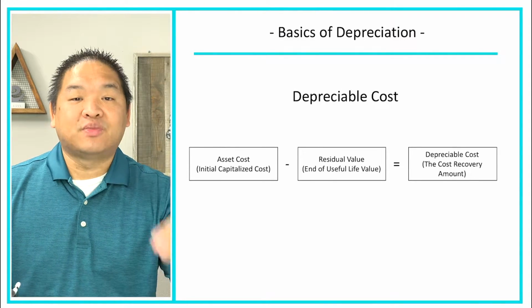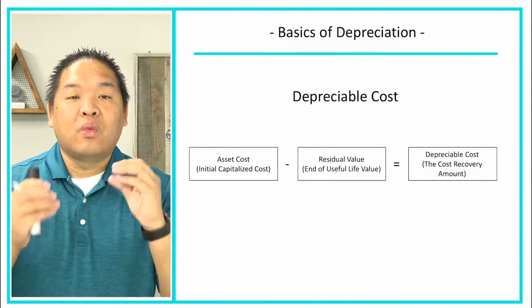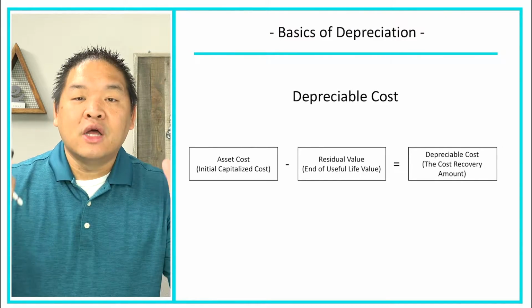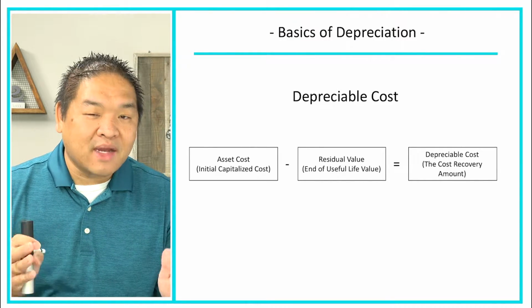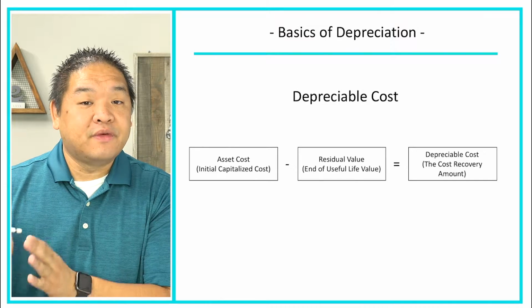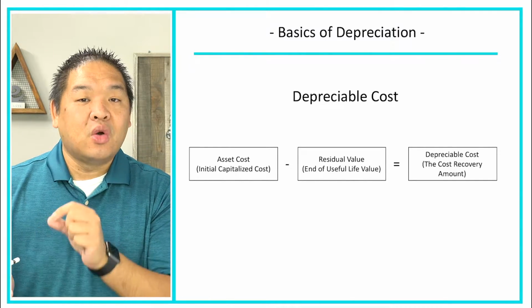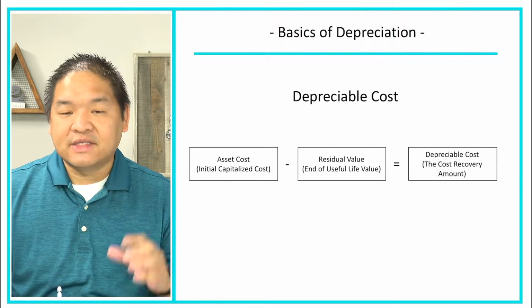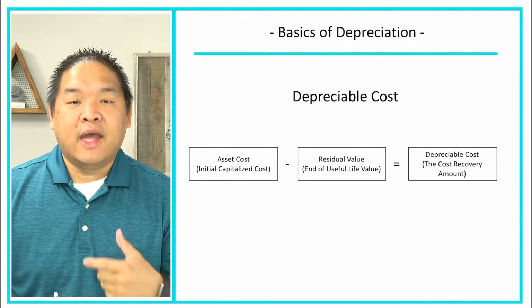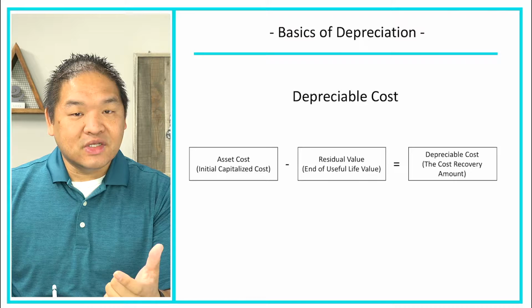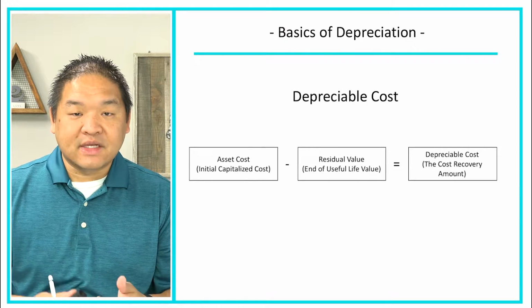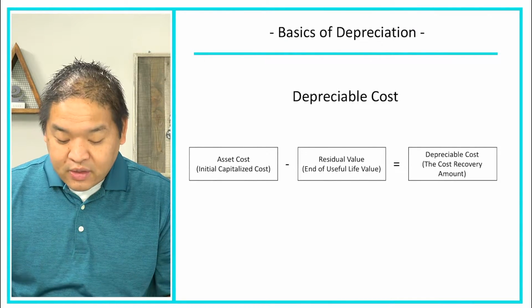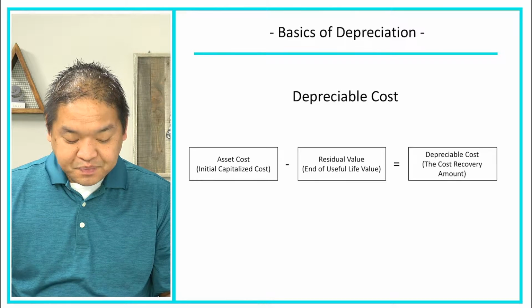So when we make the depreciation every single year, we're going to be depreciating in total $25,000. Why not 30? Because we're going to recoup the $5,000 when we sell it in that final year. So depreciable cost is a term that you might hear and you might have to use. And so this is the formula for it. The asset cost minus the residual value will give you depreciable cost.